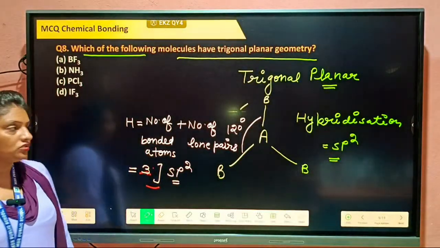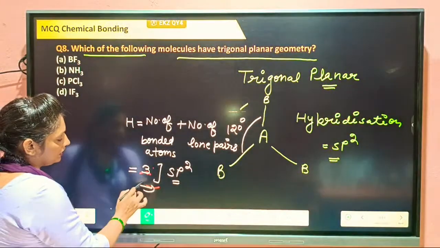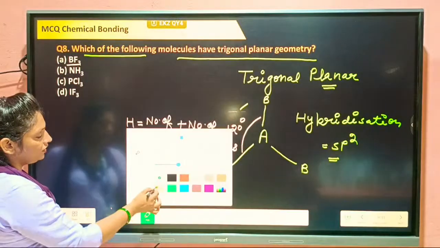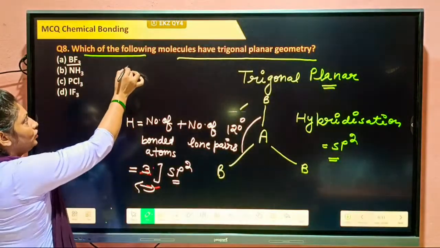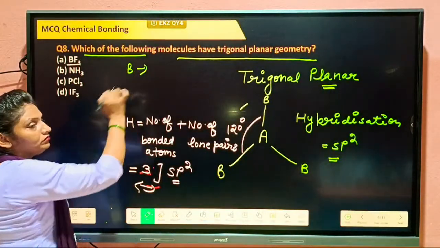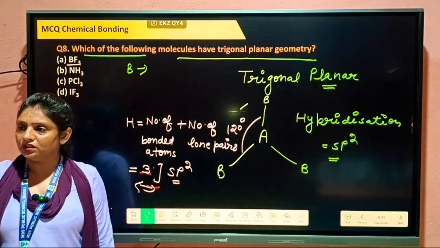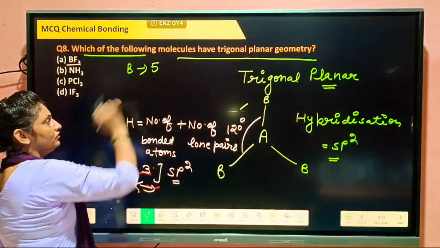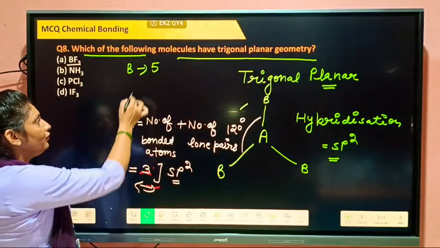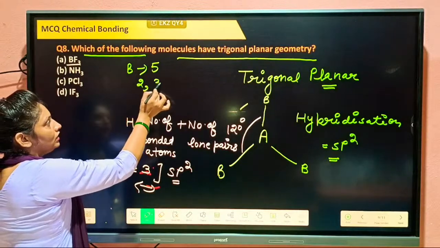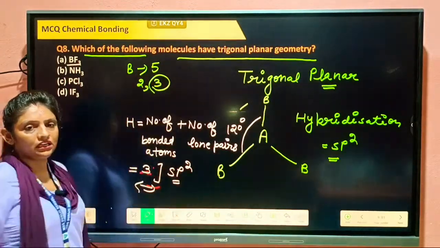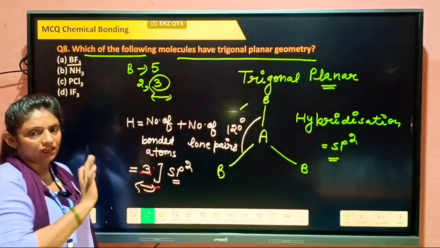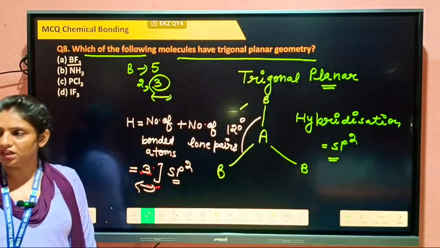Clear or not? So now you will see this. In case of BF3, you know very well boron. What is the atomic number of boron? 5. So its valence electrons are 3. So how many bonds can it form maximum? It can form maximum 3 bonds.